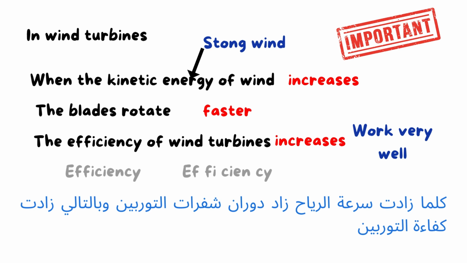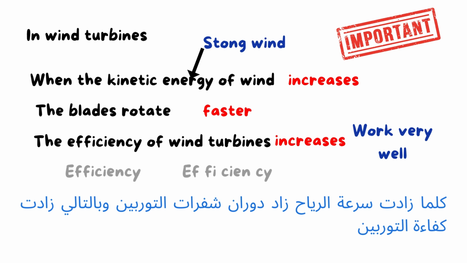So here the blades will rotate faster, and the efficiency of wind turbines increases, as the blades rotate faster. So the efficiency of wind turbines increases as they work very well.